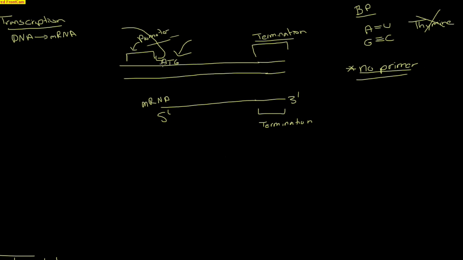So it's going to bind right after the promoter region, and it's going to start replicating on the 3' and the 5' end. This is going to create the mRNA. And so the difference is that for the base pairing here, there's going to be no thymine, and A and uracil are going to bind together.